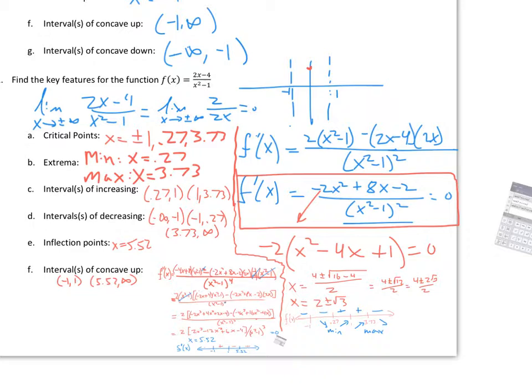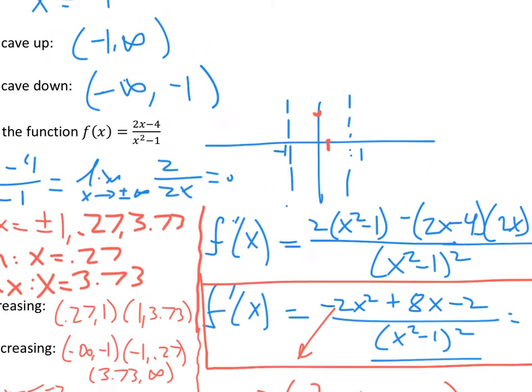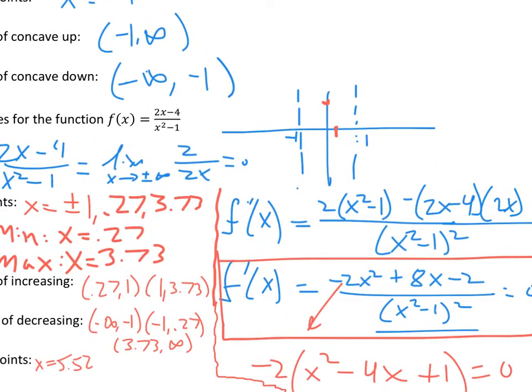And then I know at 0.27, right about over here. Okay, let's zoom in a bit here. At 0.27, we get a minimum, and we know we are concave up in the middle. So we got to go down to a minimum, and then we're going up.